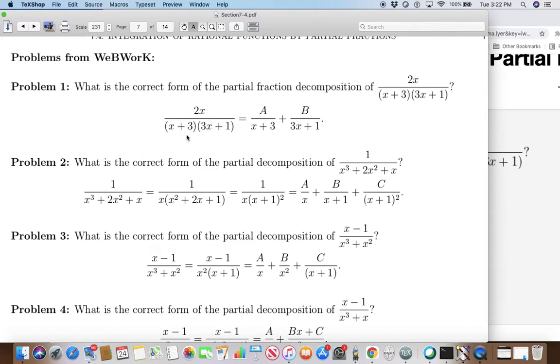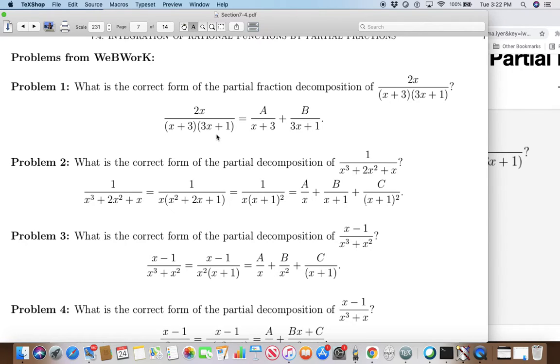Notice 2x over (x plus 3)(3x plus 1). These are distinct linear factors. That is, they are different linear factors. So you have a constant over the first factor plus a constant over another factor.